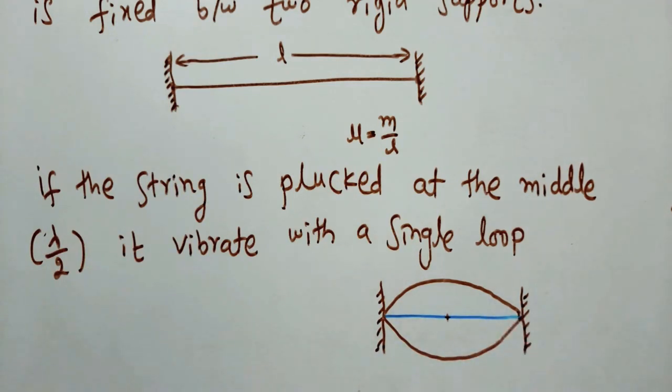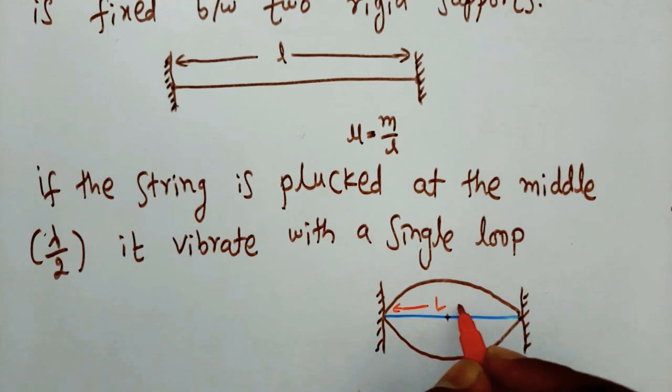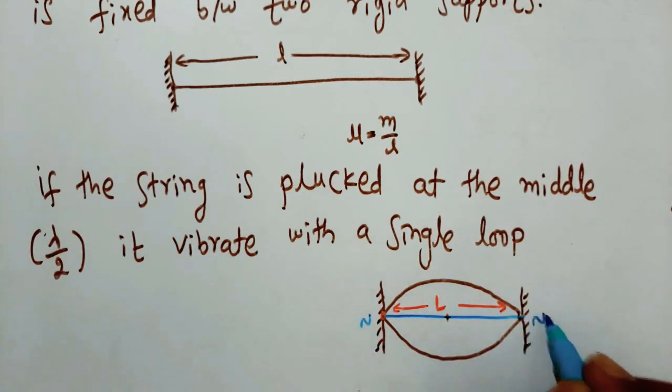So here the length of the string is L. Here it is a node, here it is also a node. The distance between two successive nodes is lambda by 2.